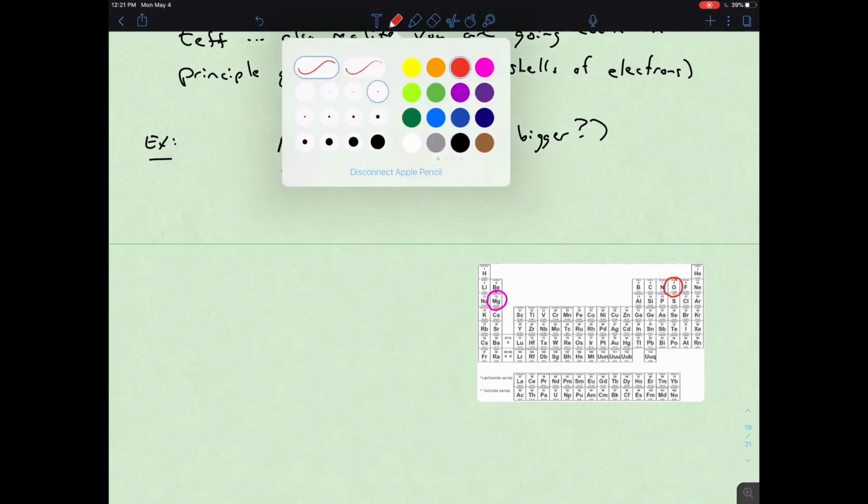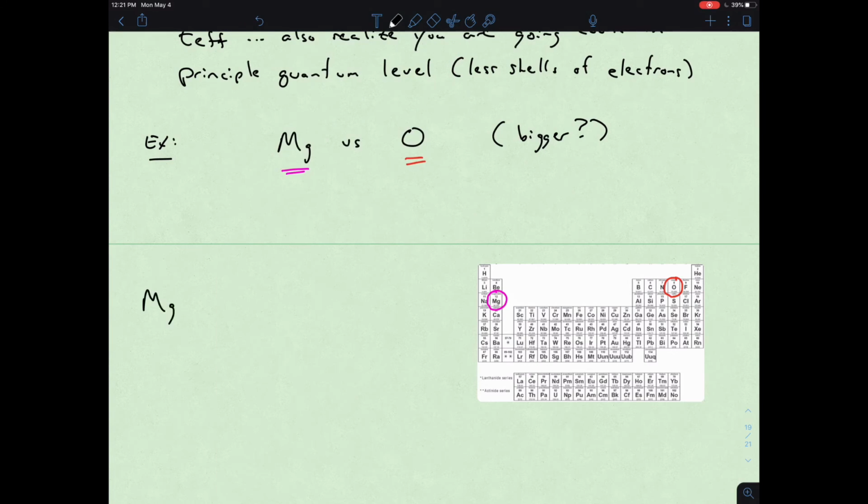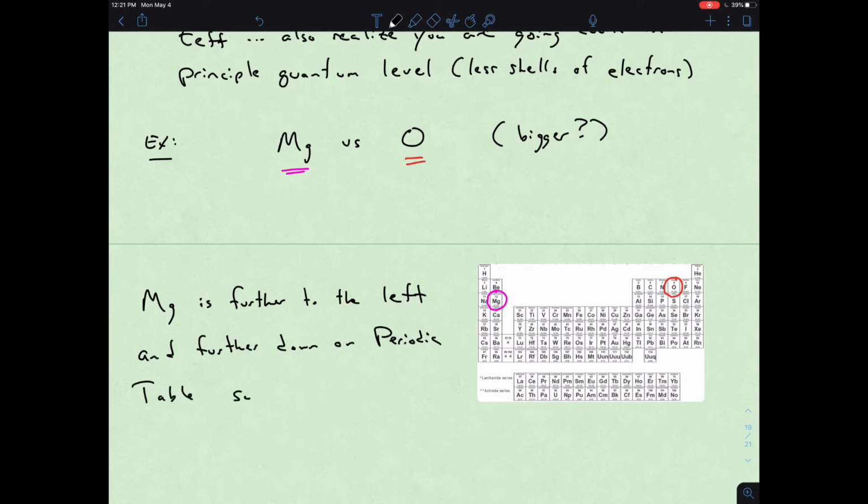The magnesium is further to the left, and further down on the periodic table. So it is bigger. So magnesium is the bigger element.